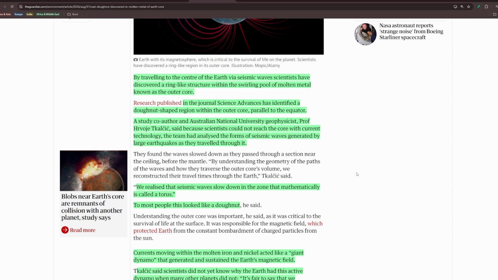A study co-author and Australian National University geophysicist Professor Hrvoje Tkalčić, I think that's Turkish, that's really hard to pronounce for me, said because scientists could not reach the core with current technology, the team had analyzed the forms of seismic waves generated by large earthquakes as they traveled through it.